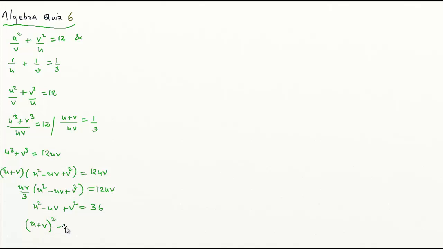So I get minus 2uv, and then I've got a uv already, so it's going to be 36. So what I now get is u plus v whole square minus 3uv is equal to 36.